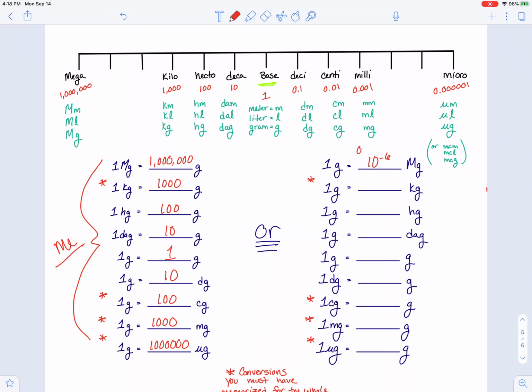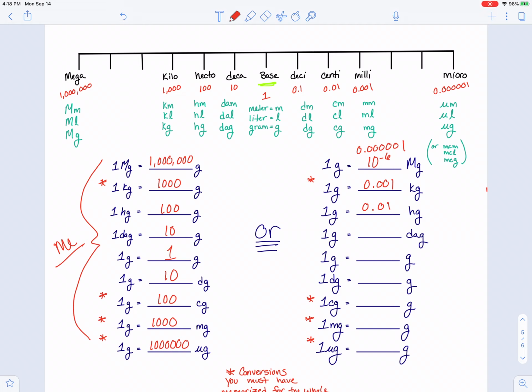Or you can write that as 0.000001, going through tenth, hundredth, thousandth, ten-thousandth, hundred-thousandth, millionth. So 1 gram is just a fraction of a megagram. A kilogram is huge, so 1 gram would just be 1,000ths of a kilogram. Again, 1 gram is smaller than a hectogram, so 1 gram would just be 100ths of a hectogram.